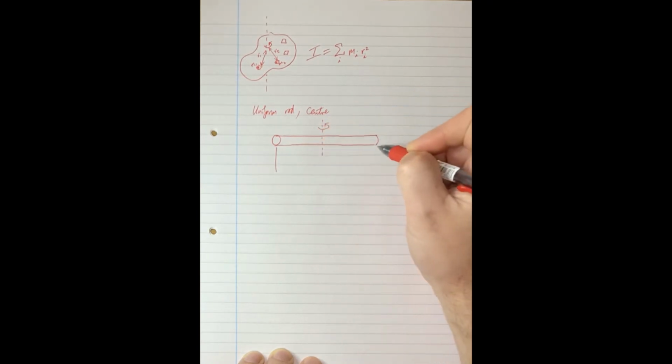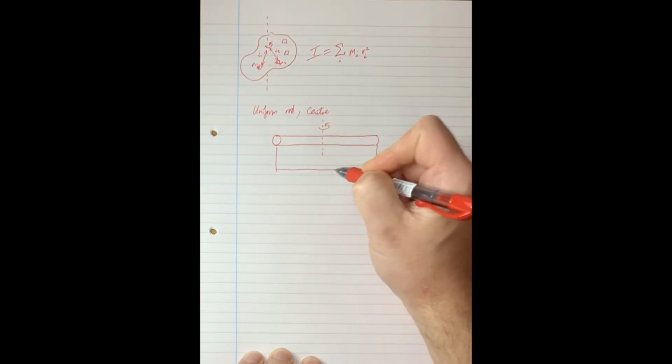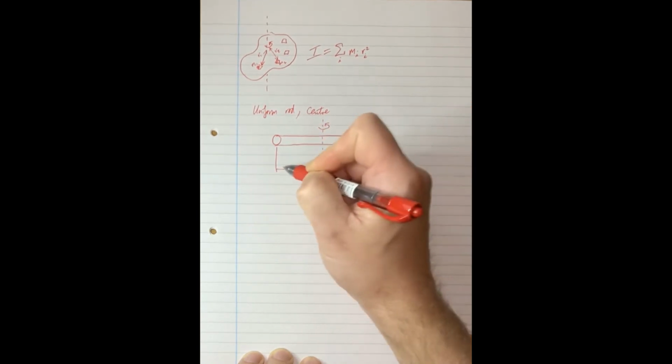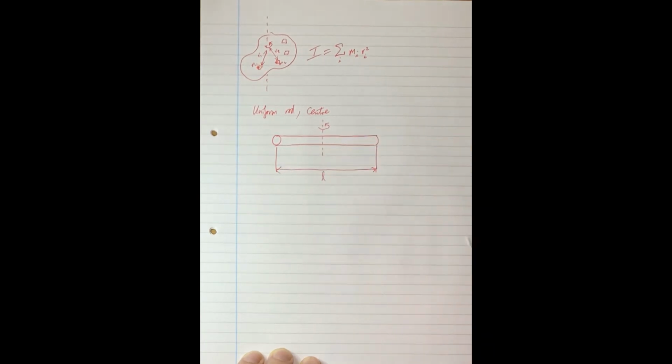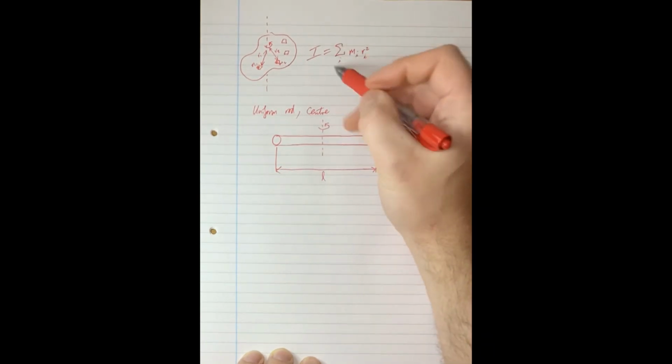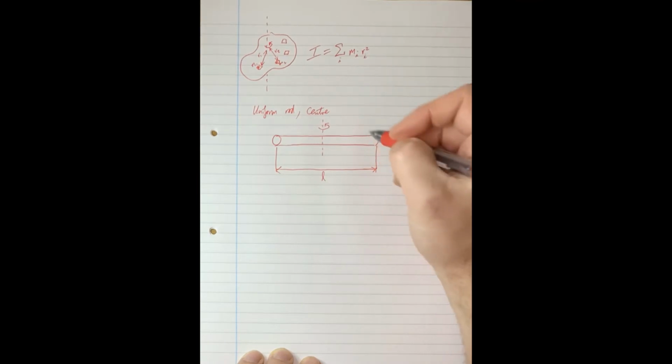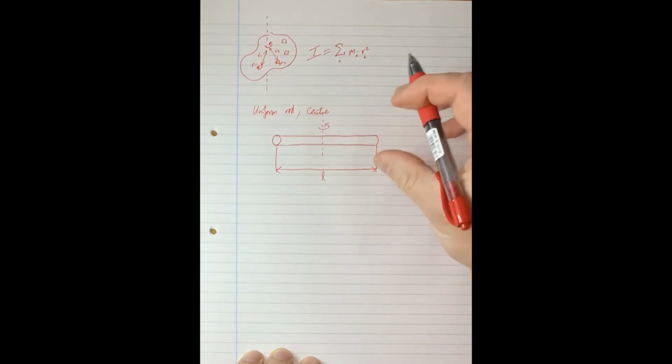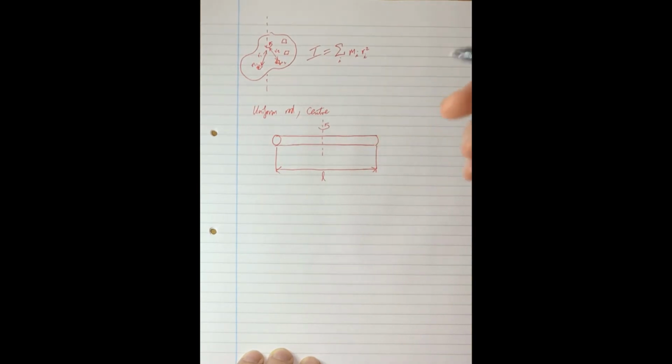Here are some physical dimensions of the rod. The rod is L in length. And as we said before, we would just be looking at breaking this up into amounts of mass, finding the part of the moment of inertia for that mass a certain distance away squared, and then adding them all up.